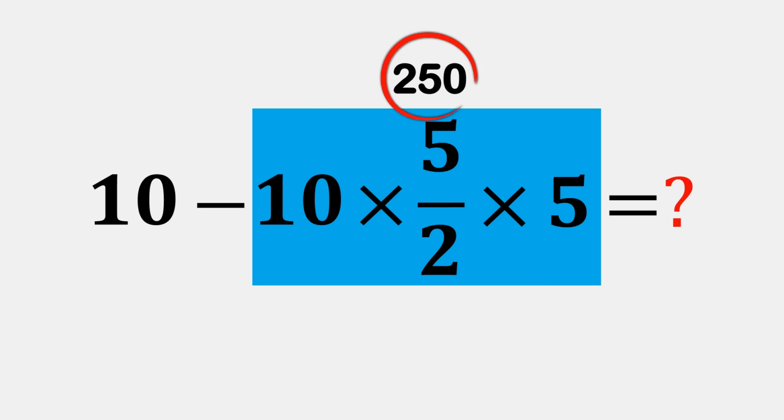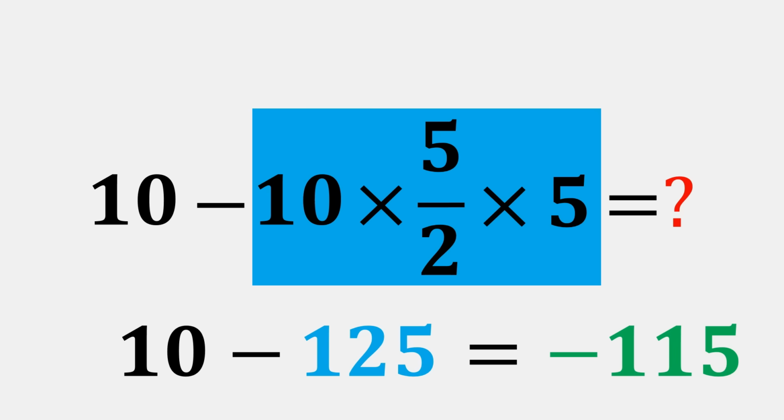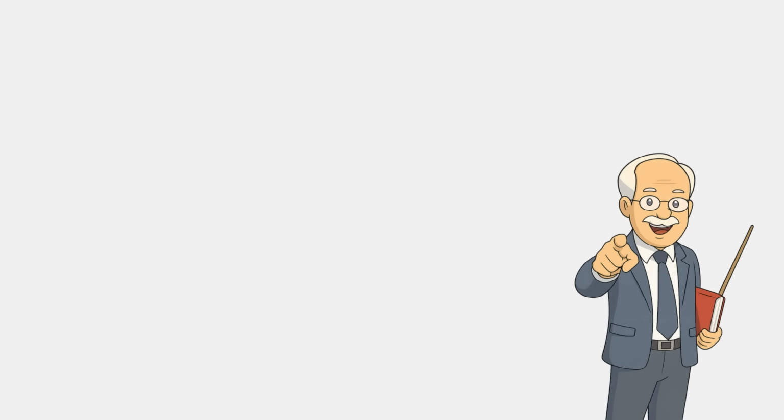Finally, 250 divided by 2 equals 125. So, the result of that whole blue section is 125. Our final expression becomes 10 minus 125, which equals minus 115. It's that easy.